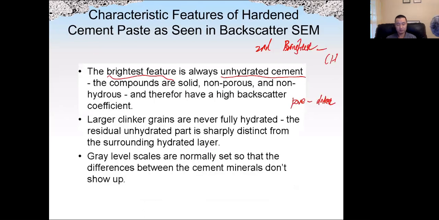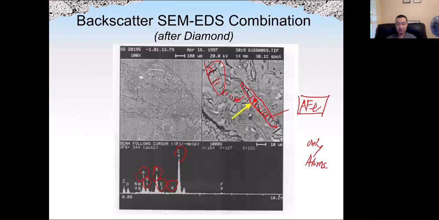And we can change the grey level scale to make the contrast between different cement minerals the highest. So if you see a grey scale picture like this, you can use the software to change the grey scale to make the difference between different phases easy to tell.